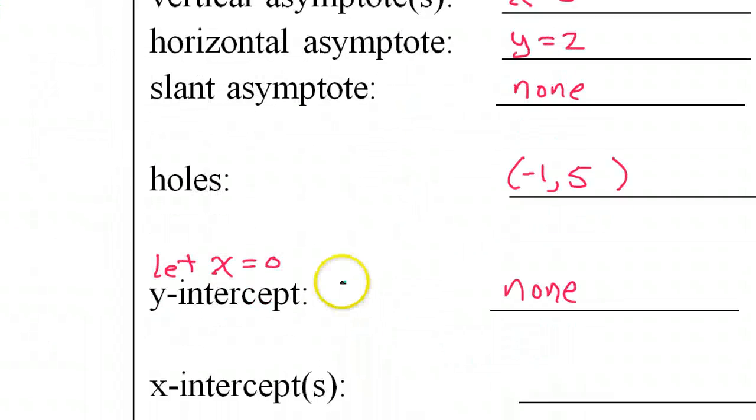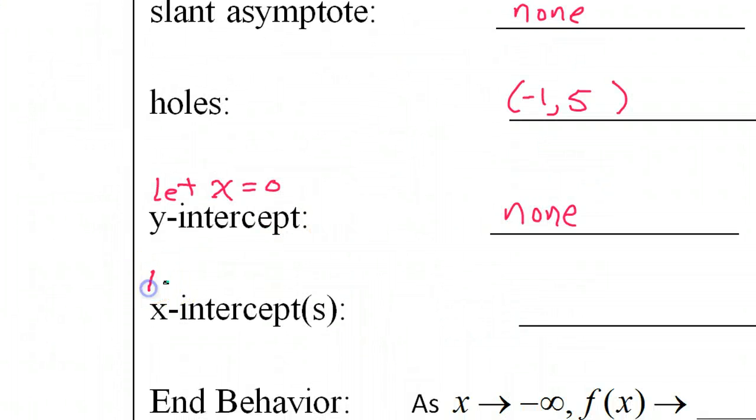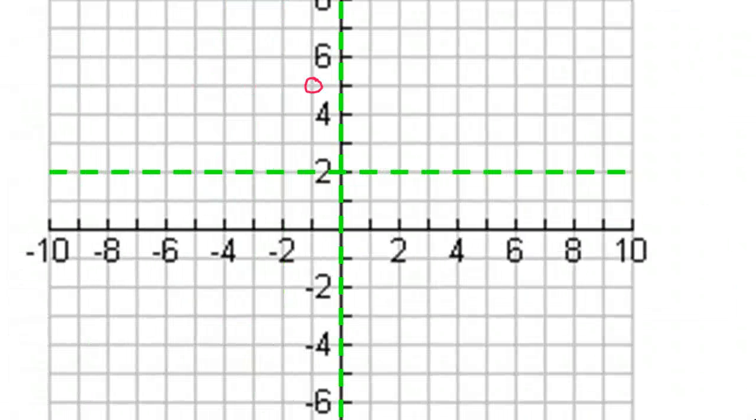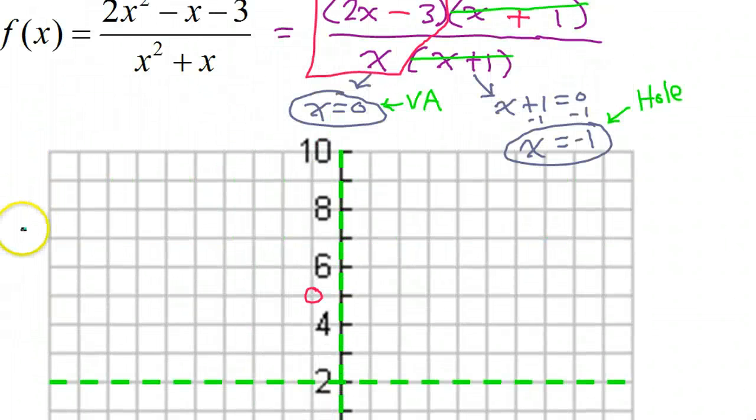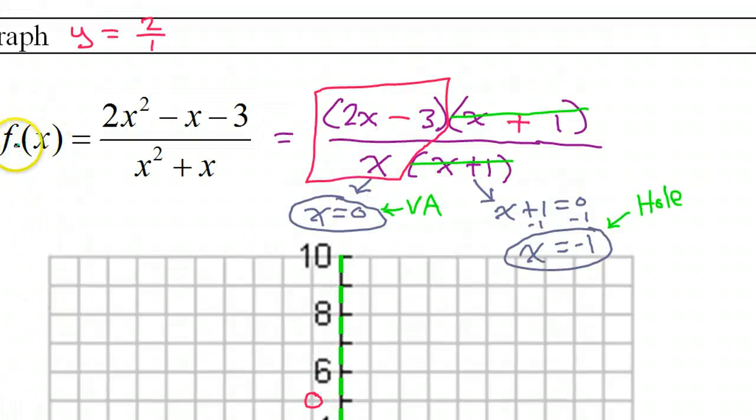Now for the x-intercept, in general, we let y equal 0. Now when I say let y equal 0, I'm talking about f of x is like y. So if I let this equal 0, in other words, the entire function has to equal 0. Well, the denominator can't be 0. So the only way for the function to equal 0 is if the numerator equals 0.